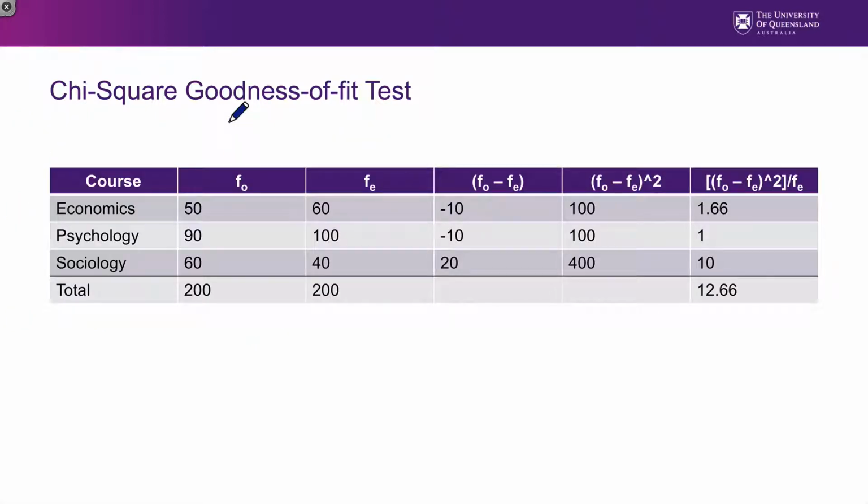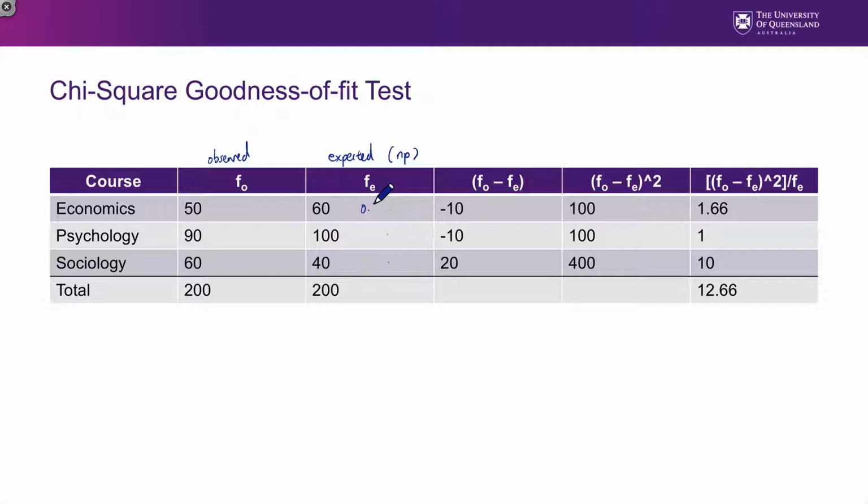So over here we have a table, and we can see that this column is for the observed frequency, and this is the expected frequency, which is given by n multiplied by p. And for the chi-square test, it requires that each expected frequency be equal to or greater than 5.